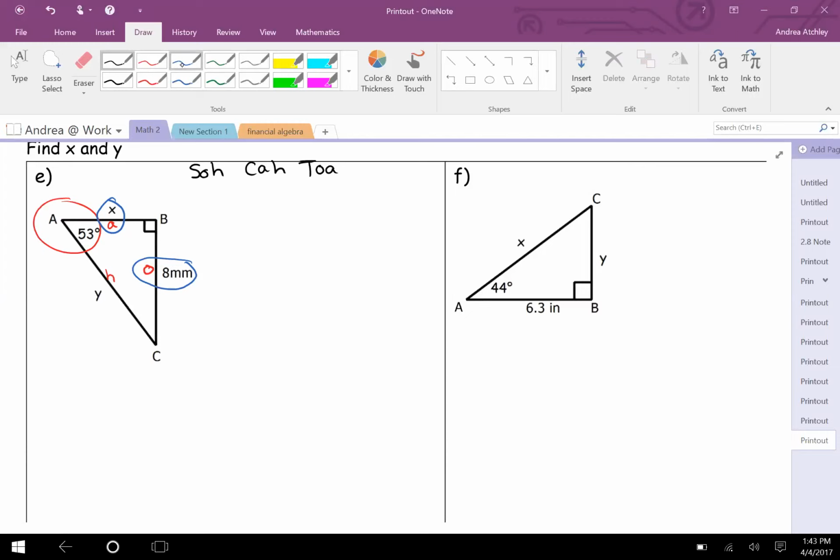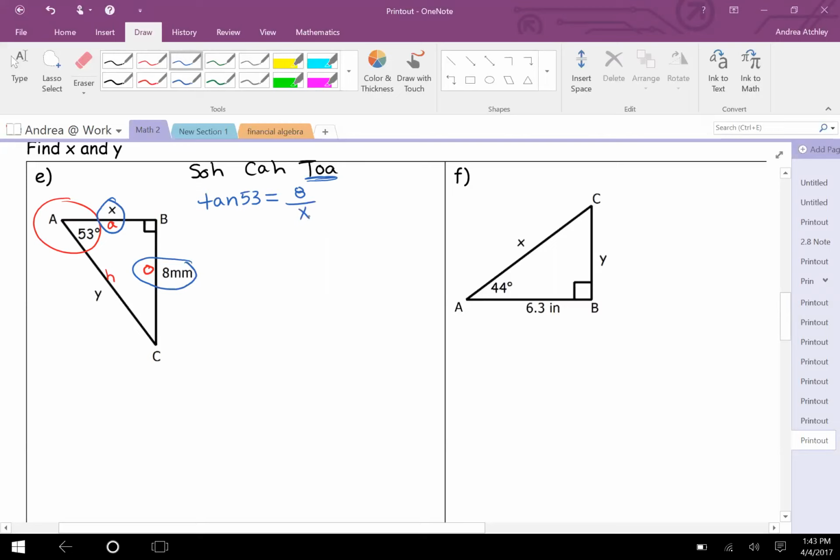For this one, I'm using adjacent and opposite. So it's TOA or tangent. So we're going to write the tangent of 53 degrees equals the opposite side, which is 8, over the adjacent side, which is x.